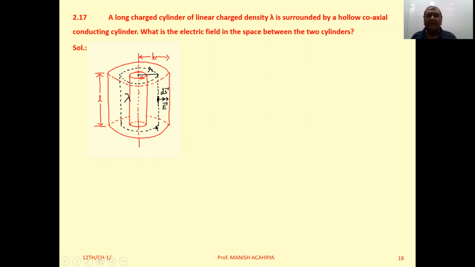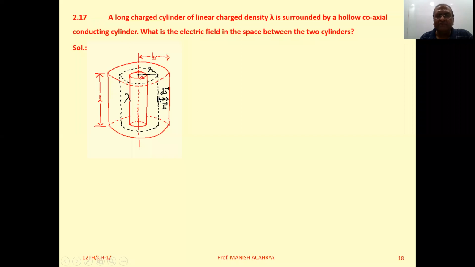Now, if we consider the cylindrical Gaussian surface here, then we can understand this thing. The flux will be passing through the cylindrically curved surface, because the electric field will be from the inner cylinder to the outer one.